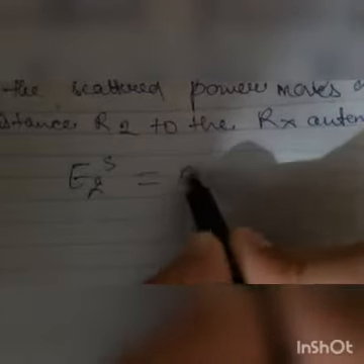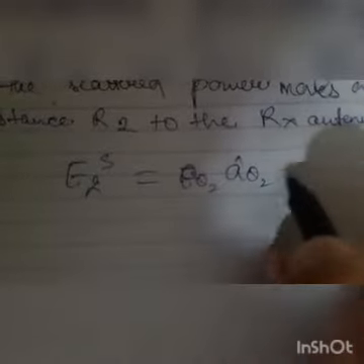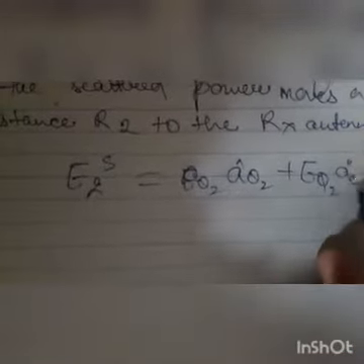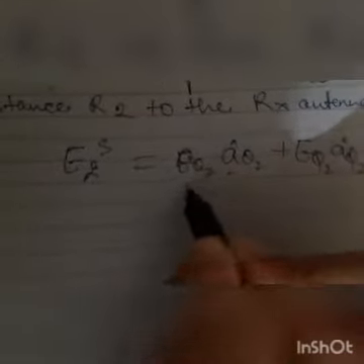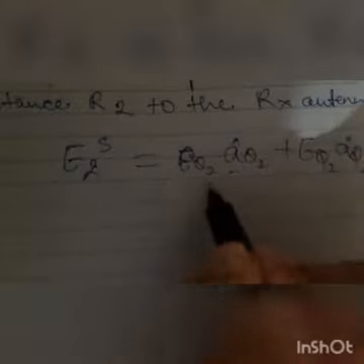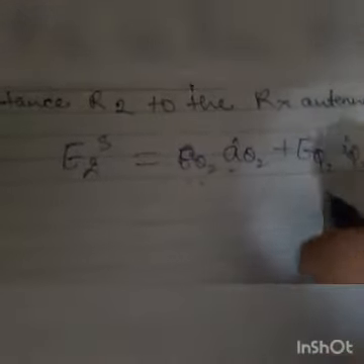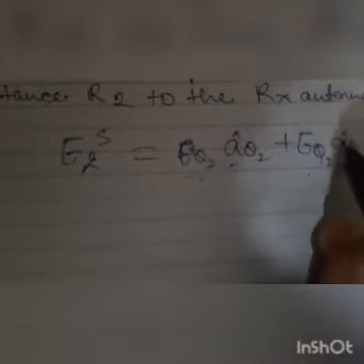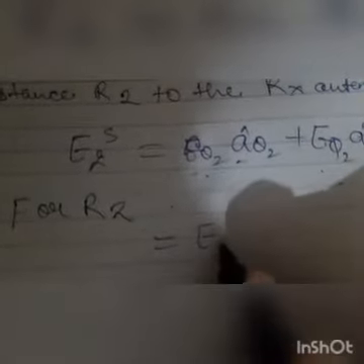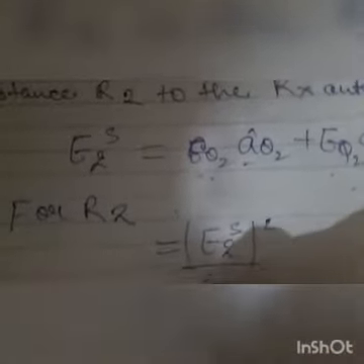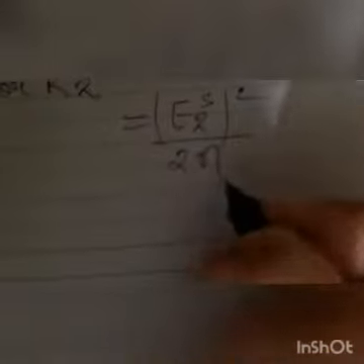So in the spherical coordinate system, we can represent the scattered wave as E2s is equals to E theta 2 A theta 2 plus E phi 2 A phi 2. These are the unit vectors and these are the complex amplitudes of the electric field component in the direction of theta 2 and phi 2. Okay, and these are the unit vectors. For the r2 distance, the scattered wave as E2s into 2 into intrinsic impedance.